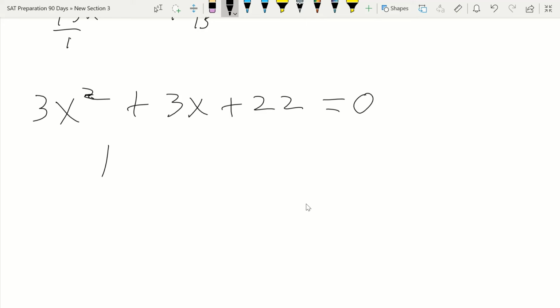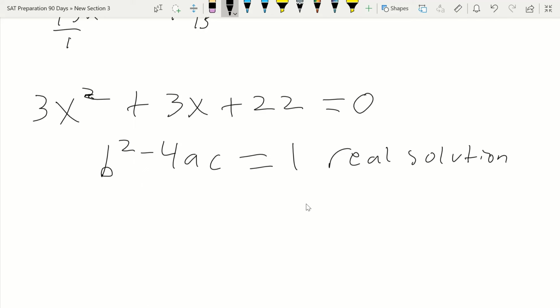All right, so we have to find out how many zeros there are given this equation. So what we're going to do is take b squared minus 4ac and determine what that equals. Because if b squared minus 4ac is equal to 0, then there's one real solution.